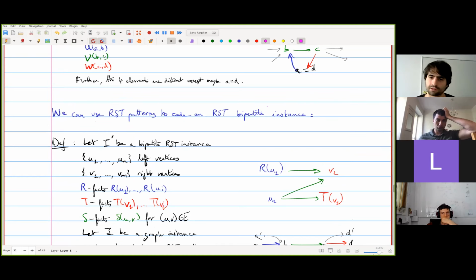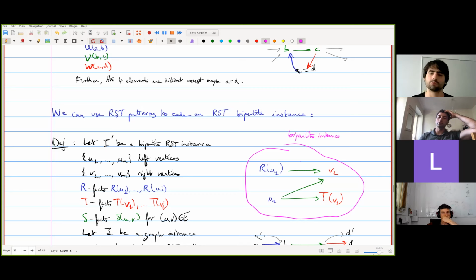This is a bipartite instance. It's the thing from which we know that many queries are hard on this kind of instances. And so on such instances, the behavior of queries cannot be that complicated, intuitively.